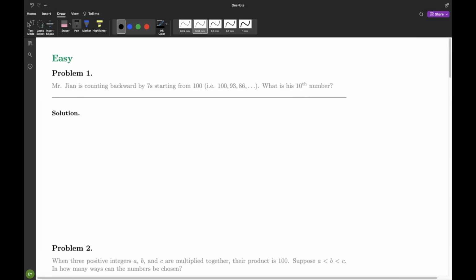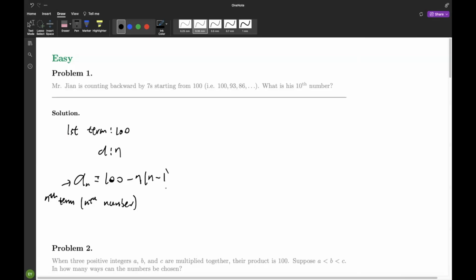So we know that our first term is 100, and we know that our difference is 7. Therefore, our nth term, or aka nth number, is equal to, as most of you might have guessed, 100 minus 7 times n minus 1.